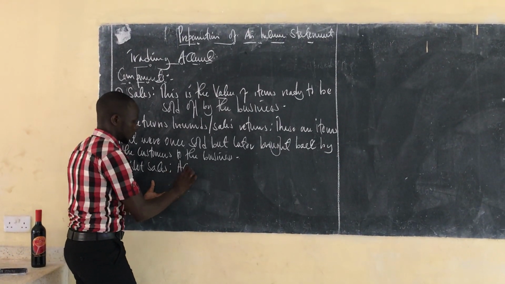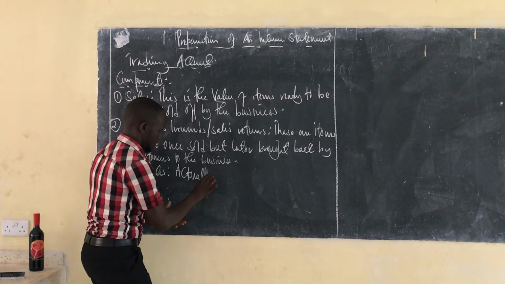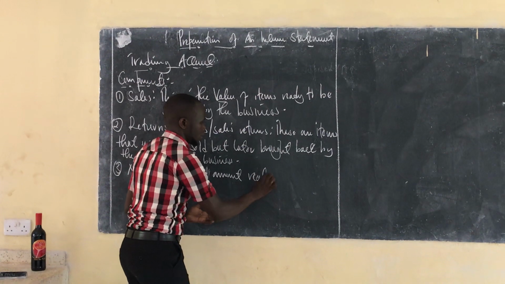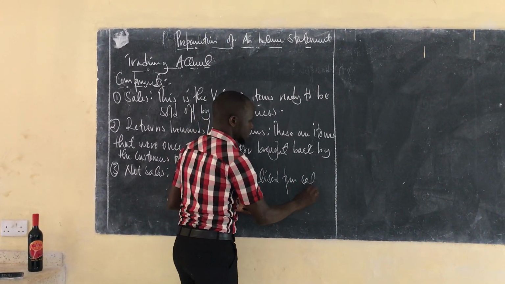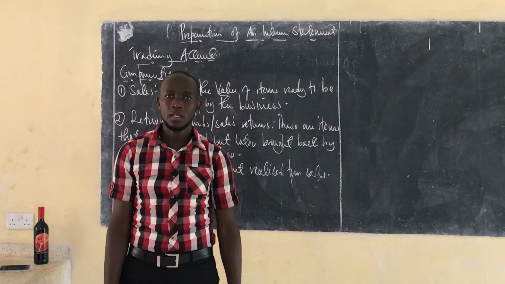The actual amount realized from sales after deducting off return inwards.